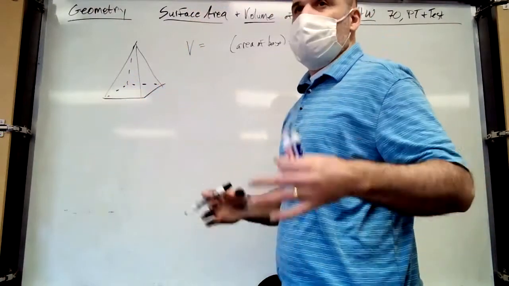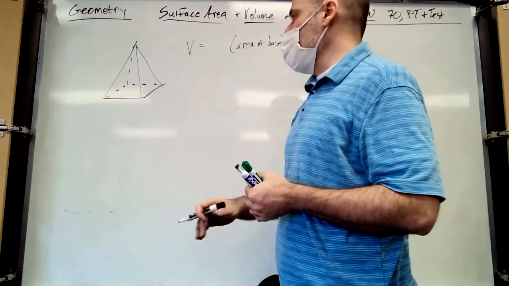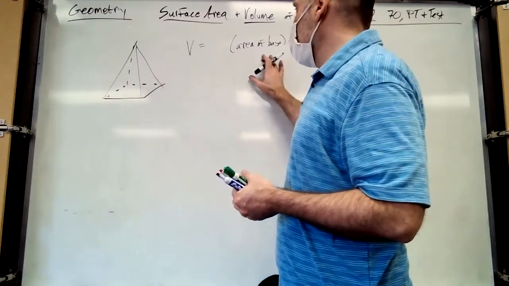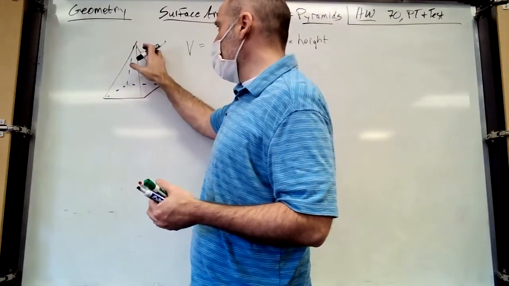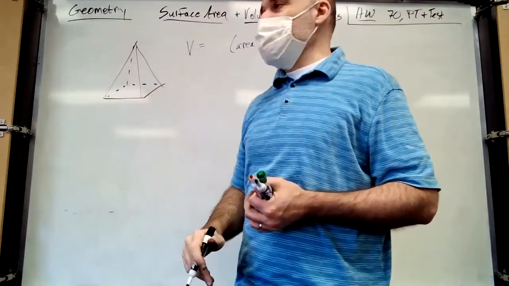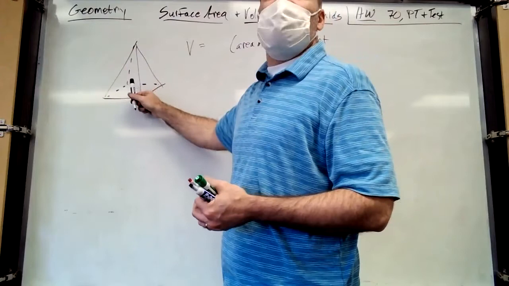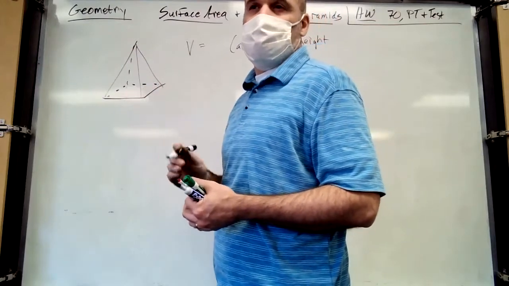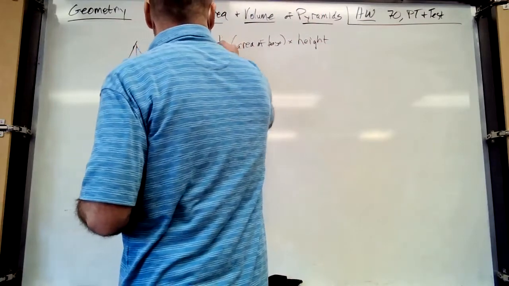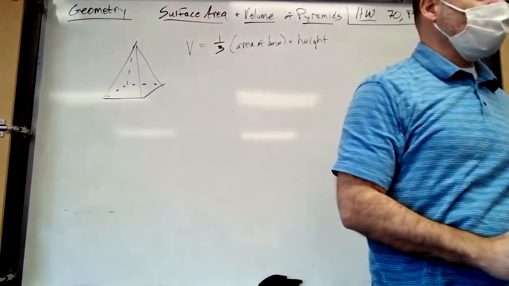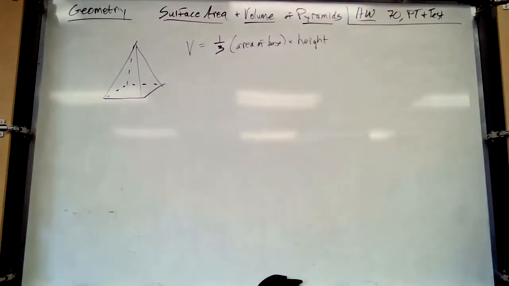But if you ground it all to dust, the volume's the same. The volume of a prism of equal height that goes all the way up like that equals 3 times the volume of this pyramid of the same height. Okay? So this is 1/3 area of base times height. That's the volume.